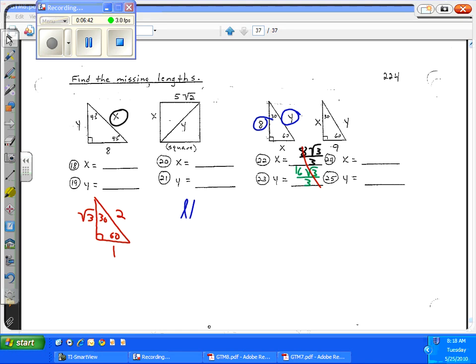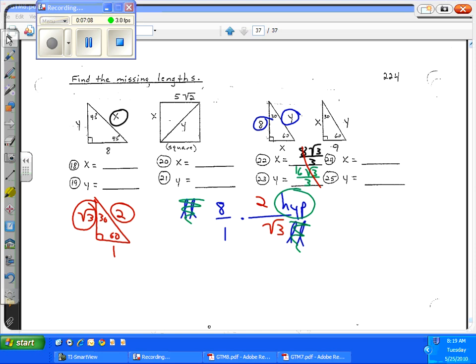So we could say, okay, we started with the long leg, 8 over 1, and we want to lose the name long leg and gain the name hypotenuse. My long leg number in my ratio is square root 3. My hypotenuse number in my ratio is 2. I'm losing the name long leg and gaining the name hypotenuse.